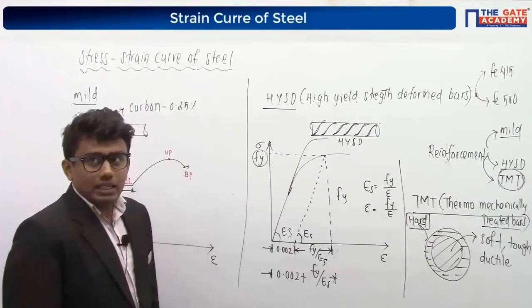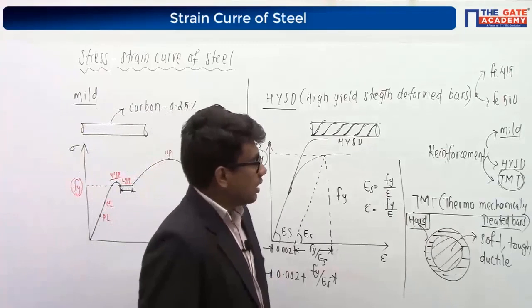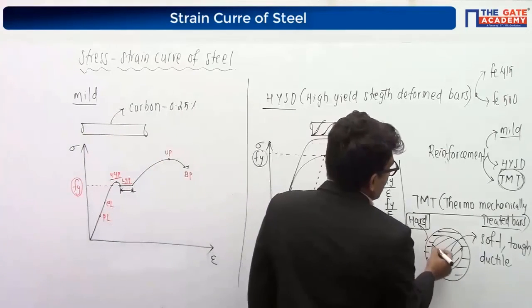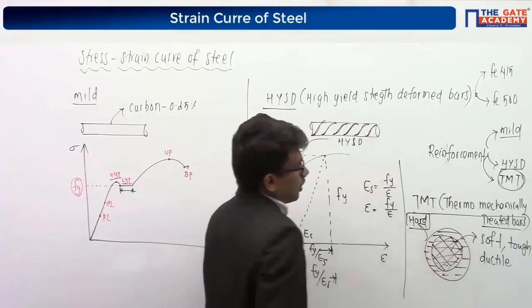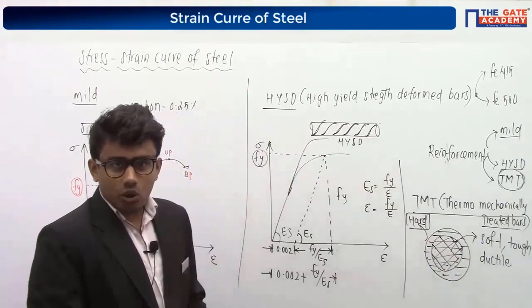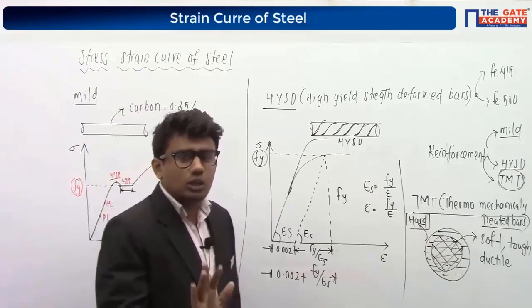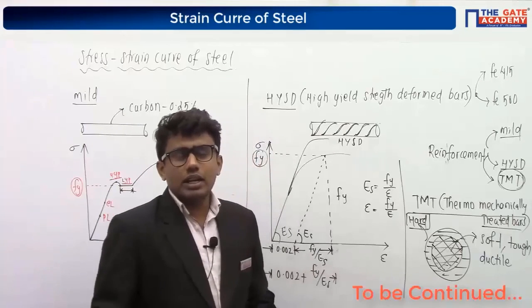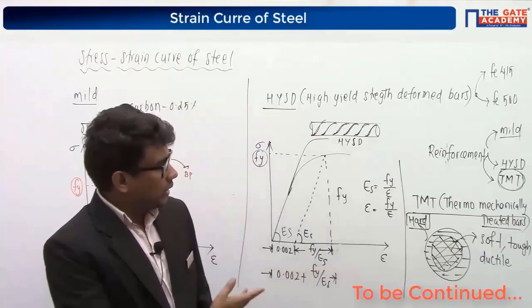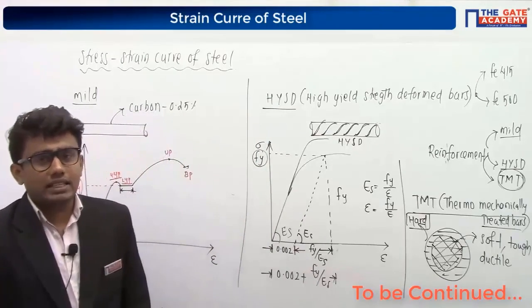In thermo-mechanically treated bars, all the properties are similar to our HYSD steel bars, but we have a soft inner core and a hard outer core. The inner core will be ductile in nature, more ductile than the outer core. That's the only difference you have to understand, the only thing you have to remember. The difference is in the manufacturing process of our TMT and HYSD steel bars. Otherwise, the chemical composition will be exactly the same.